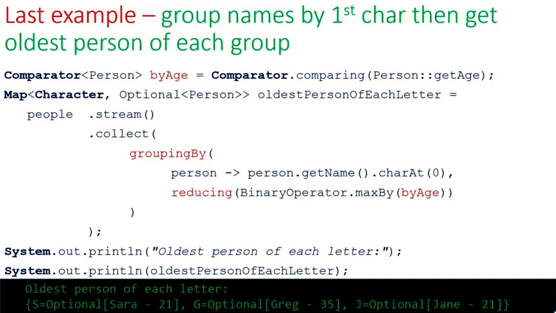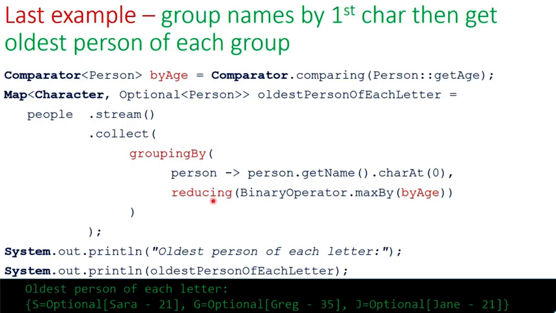Okay, so we went from a list to an optional here because we actually changed the operation that we were applying. In the previous slide, we were using an operation instead of reducing that we knew was going to give us a list. In this case, we are using the reducing operation, and the reducing operation, just like the reduce operation in streams, always returns an optional, because you don't know what the nature of your reduction is going to be.